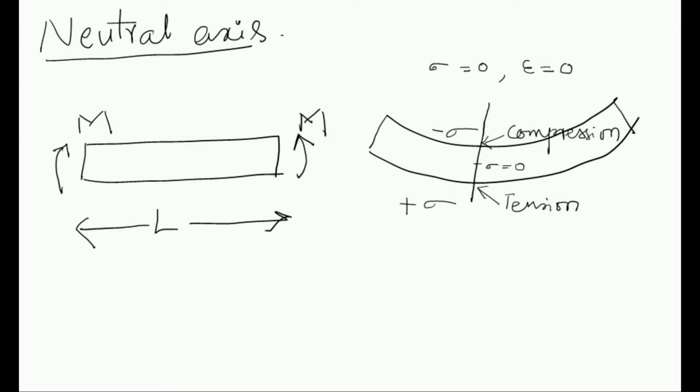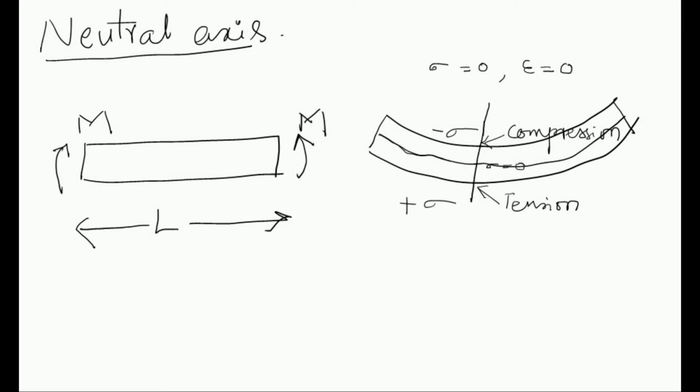And this is true for all the cross sections, any cross section for the entire length. What that means is there is a layer from this end to that end of the length of the beam where your stress is zero and your strain is zero.